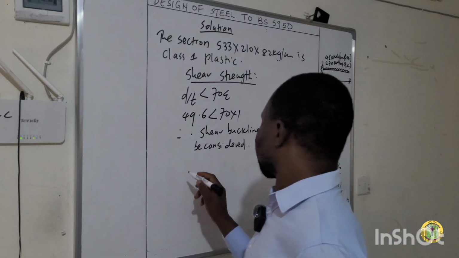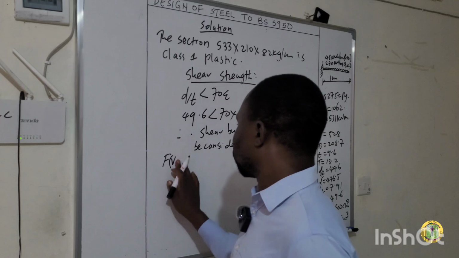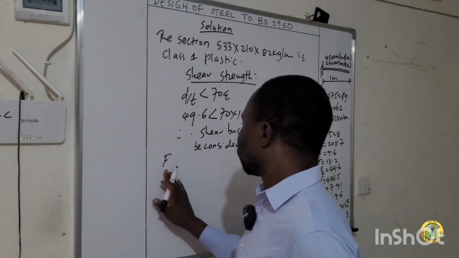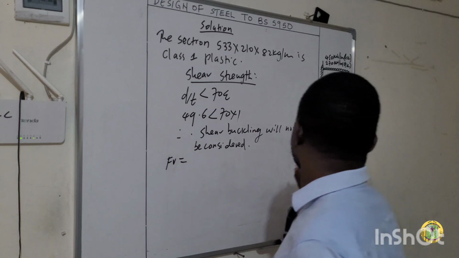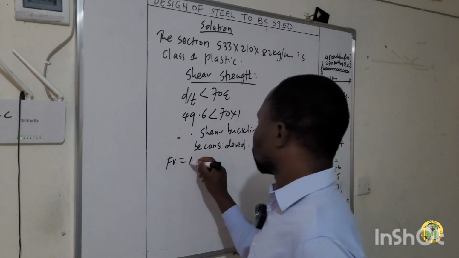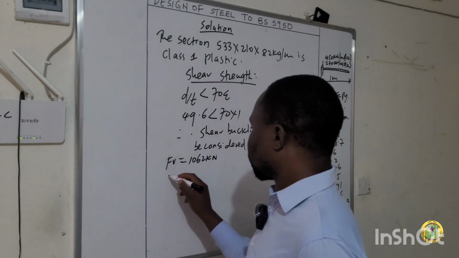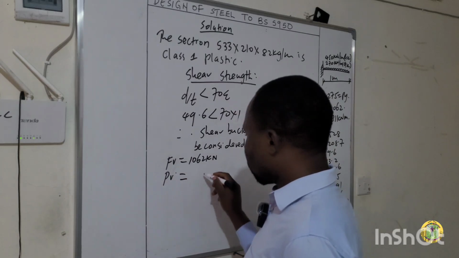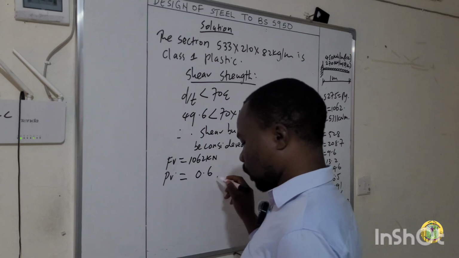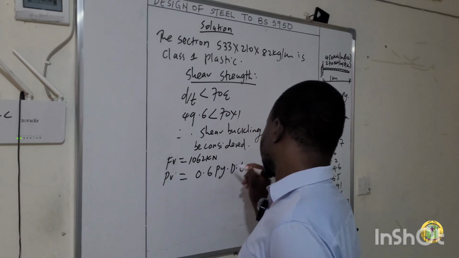Before we proceed to shear capacity, we know that our shear force, which is FV, is equal to 1062 kilonewton, and the shear capacity, which is PV, is given by this formula 0.6 py dt.